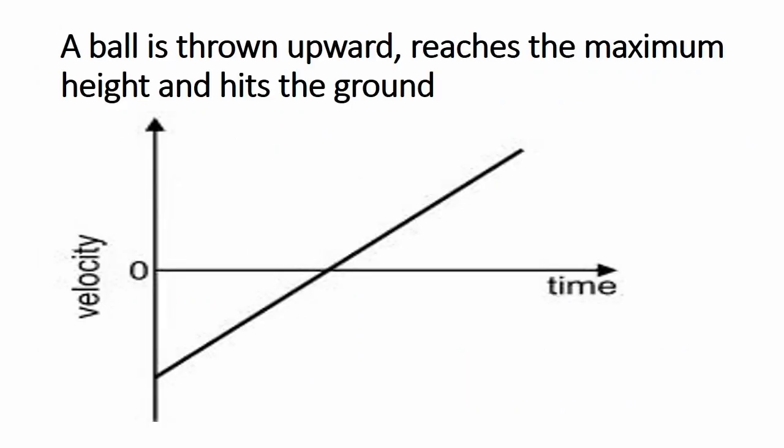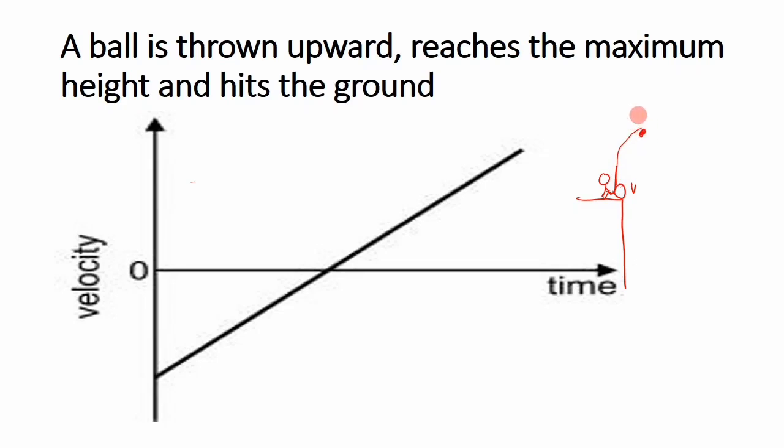So we have a scenario whereby a ball is thrown upward, it reaches the maximum height and hits the ground. So that is basically the scenario that I spoke about in that question, whereby you'd have something like this. This is a boy throwing a ball upward at a certain velocity, let's call it v, and then it reaches the maximum height.